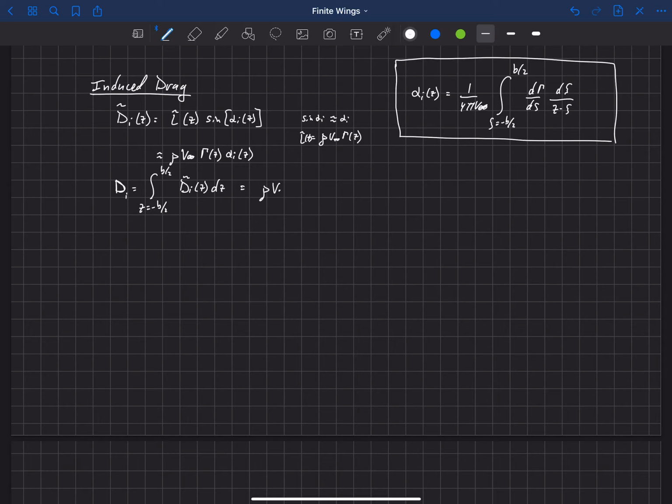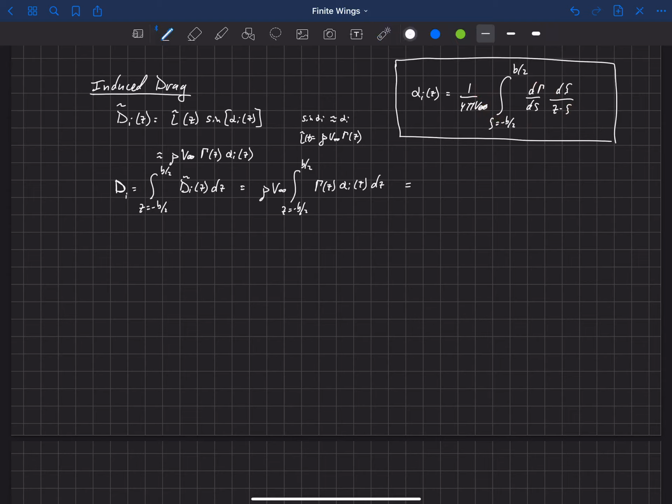That's simply rho V infinity times the integral from z equals minus b halves to b halves of gamma of z times alpha I of z dz. That just comes from using this equation for the induced drag, and notice that alpha I is in there.